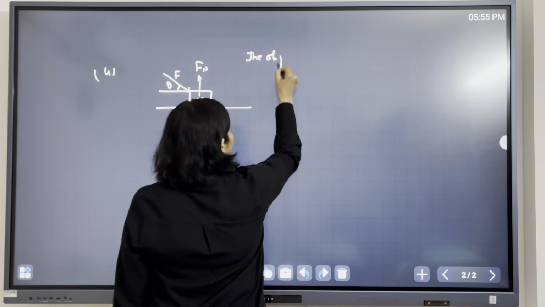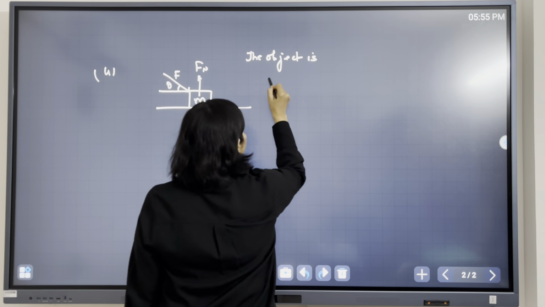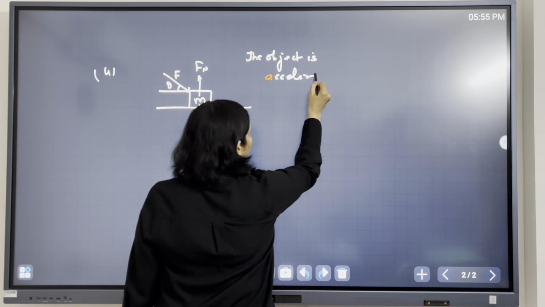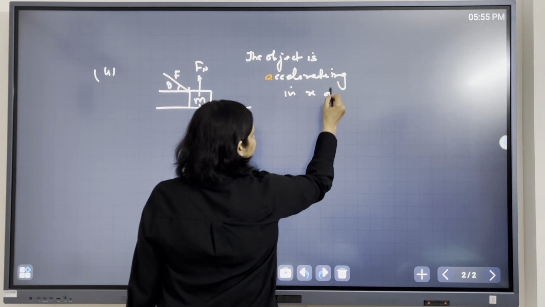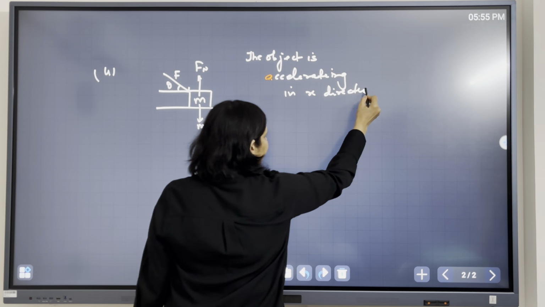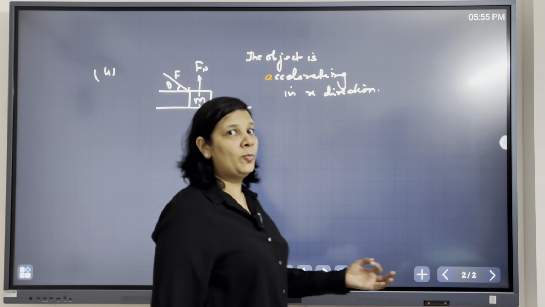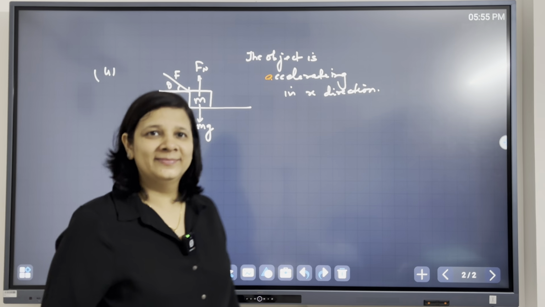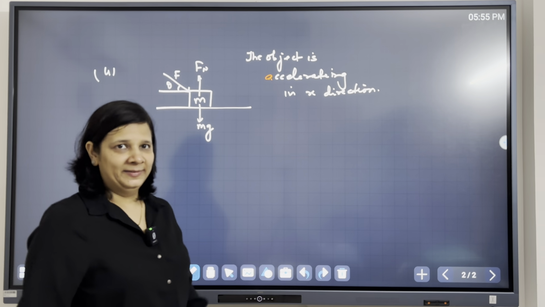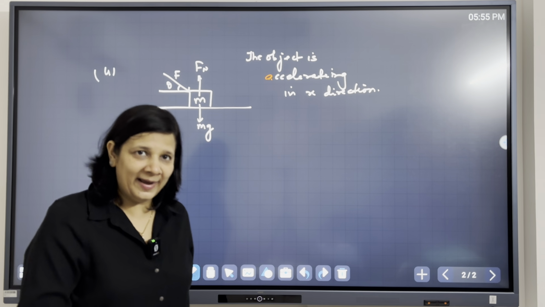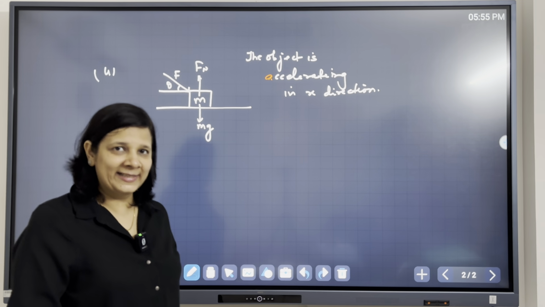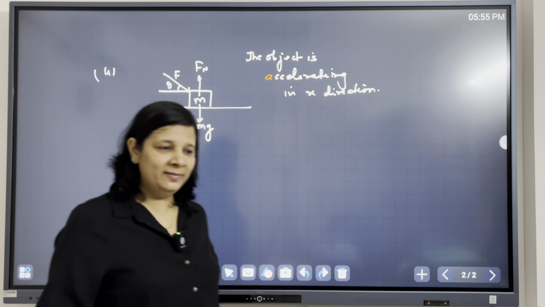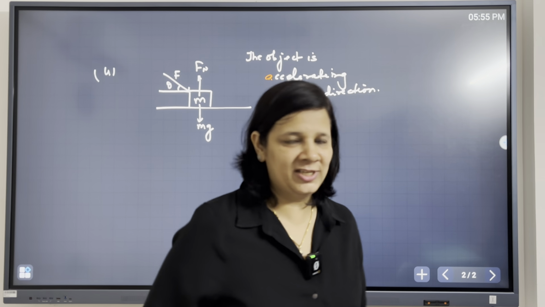The object is accelerating in x direction. Now you think and tell me how much is the normal force. Think, how will you apply Newton's second law in x direction and what will happen in y direction?